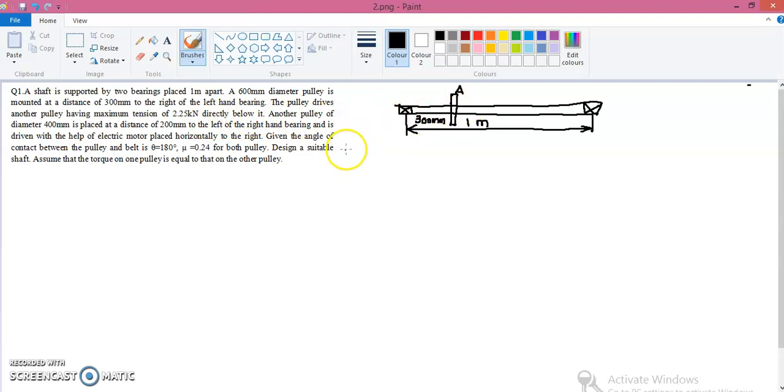So that means I can represent that as TA1. That is a tension acting on the tight side of the pulley, and that is given as 2.25 kilonewton.